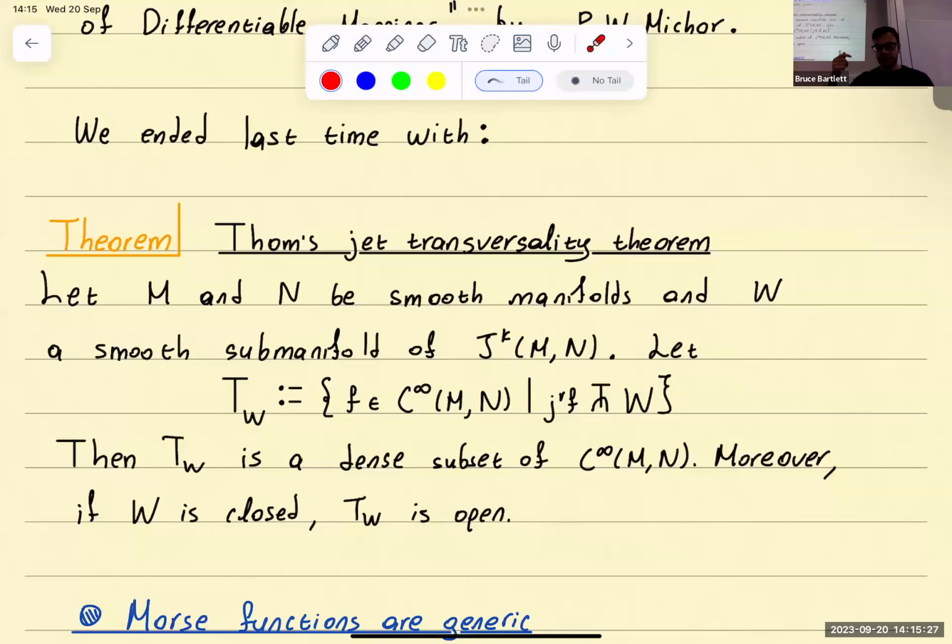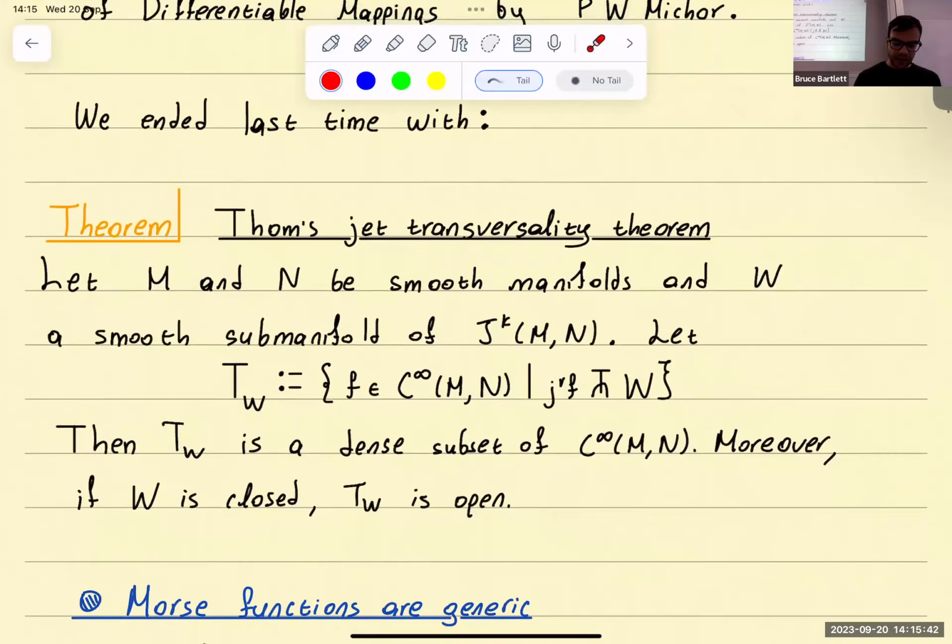But this space, C^∞(M, N), is called a Baire space, and this property says that anything that's residual is actually dense in it. One thing that I didn't say last time is that we don't automatically get open and dense. We only get dense, and T_W is going to be open if, moreover, W is a closed submanifold of the k-jet space.